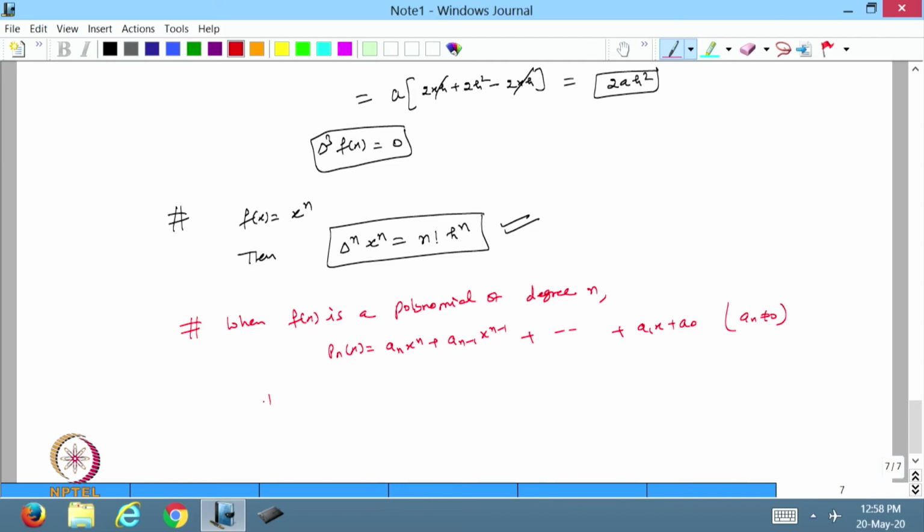Then if I take the nth forward operator on this one, it will be equal to a_n n factorial h raised to power n.